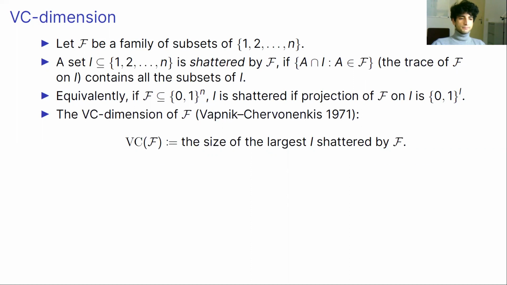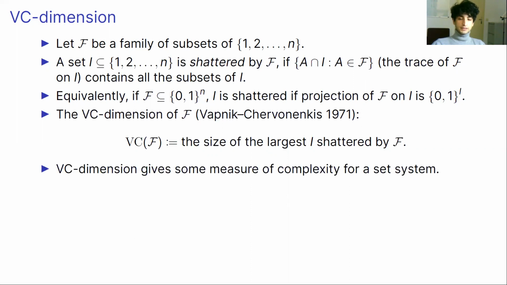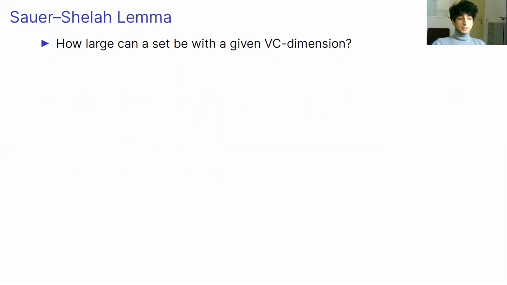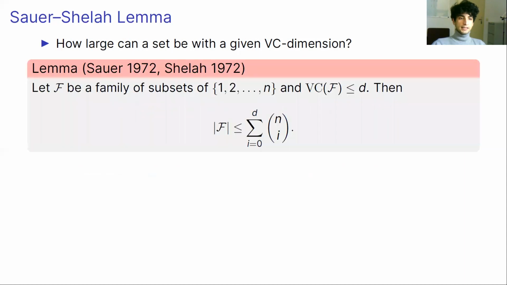And it's a measure of complexity of a set system, because if you have some coordinates which contain a large subcube, it sort of says that you have some level of freedom there. A very natural and basic question is to relate the VC dimension of a system to its size. So how large can a set be with a given VC dimension? This was answered by several people.